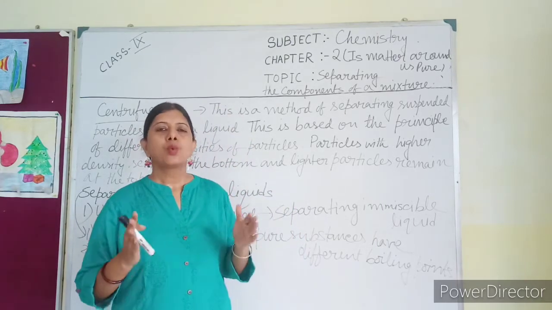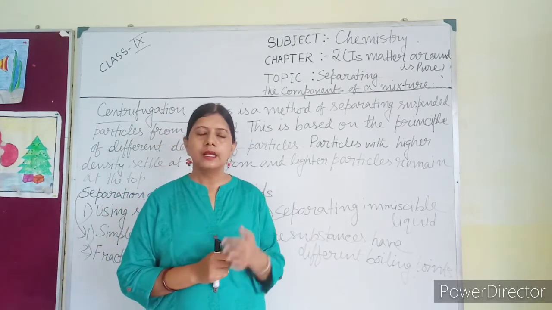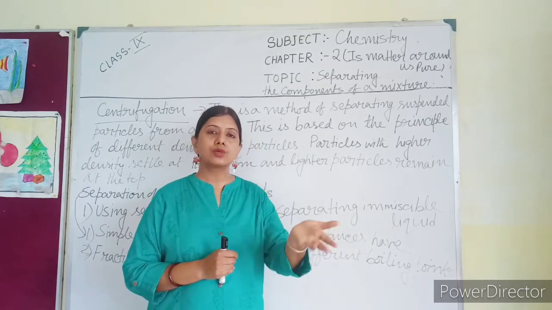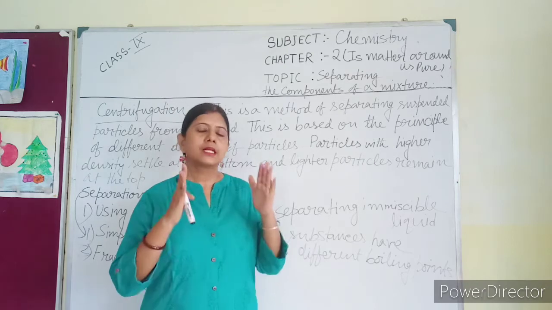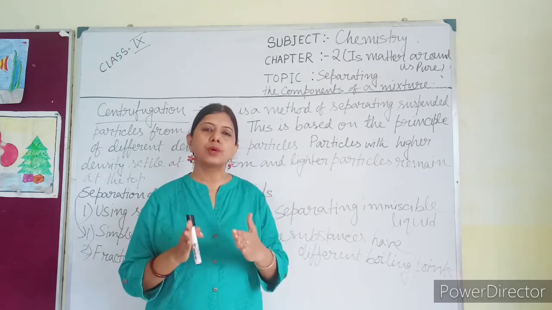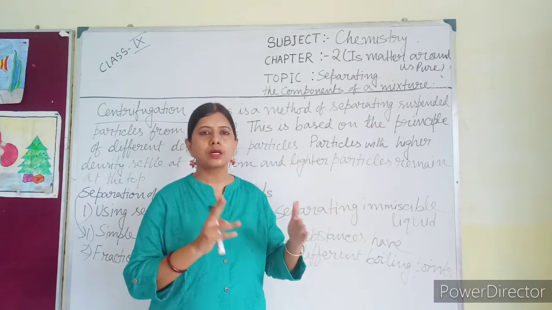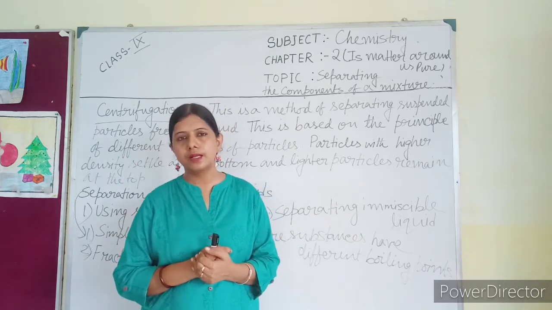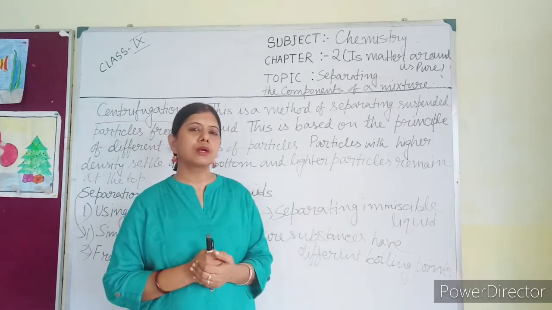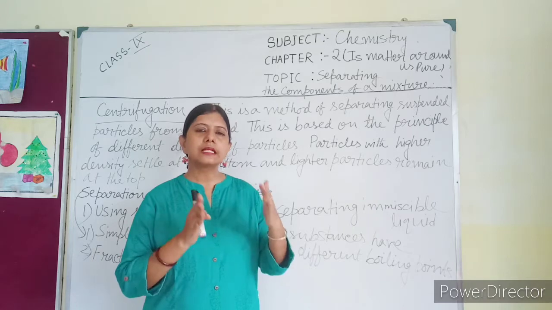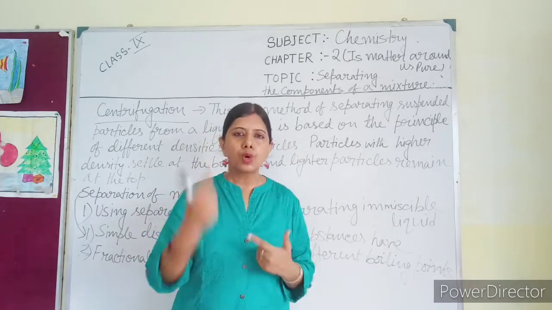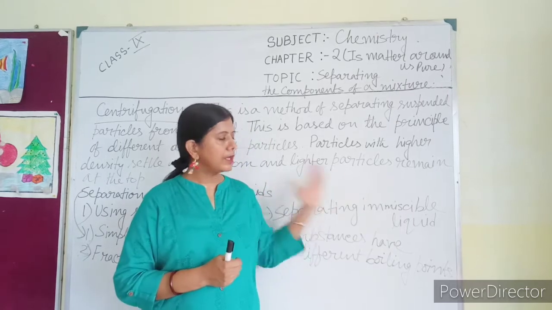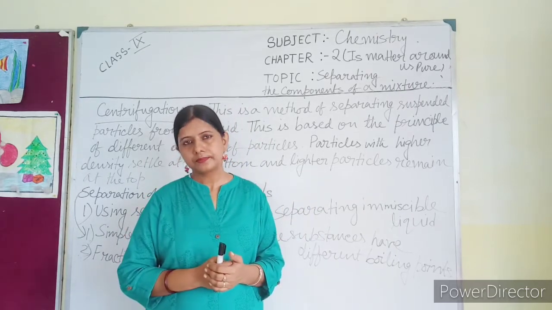That means water and acetone, which I have taken: the boiling point of acetone is 56 degrees, and of water is 100 degrees. The difference is more than 25 degrees. So whatever mixture you take, the difference in the boiling points of those substances should be more than 25 degrees, then only you can use this method.